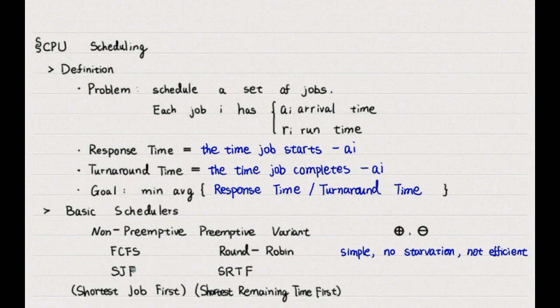Shortest job first runs jobs in runtime order. It minimizes average turnaround time, but long jobs may starve.